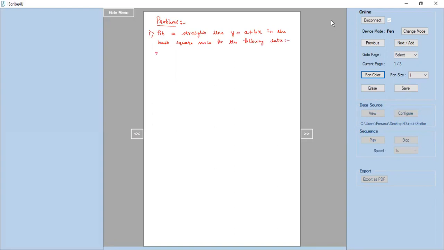Let us write down the given set of values of x and y. X values are 1, 3, 4, 6, 8, 9, 11, 14. And the respective values of y are 1, 2, 4, 4, 5, 7, 8, 9.